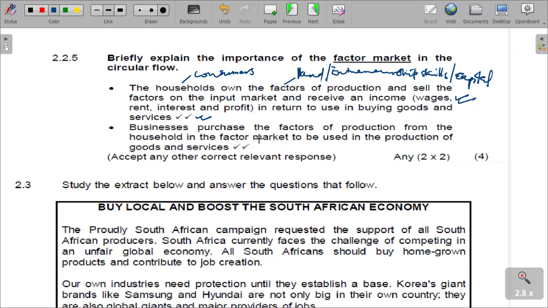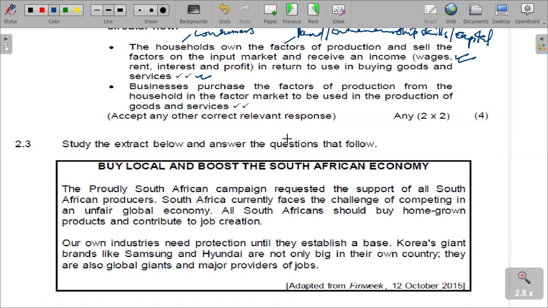The businesses must produce, and their production is facilitated by buying the factors of production from the consumers, like skills, land and entrepreneurial skills. So it is the factor market that facilitates the circular flow between the two participants, consumers and businesses.